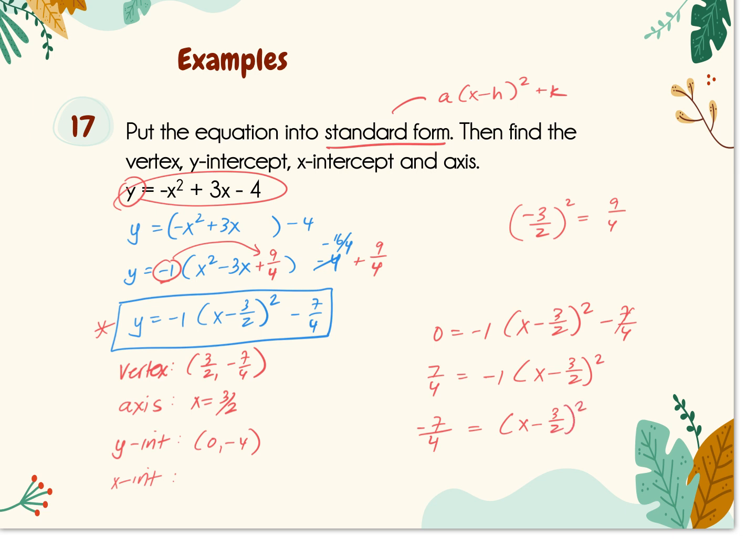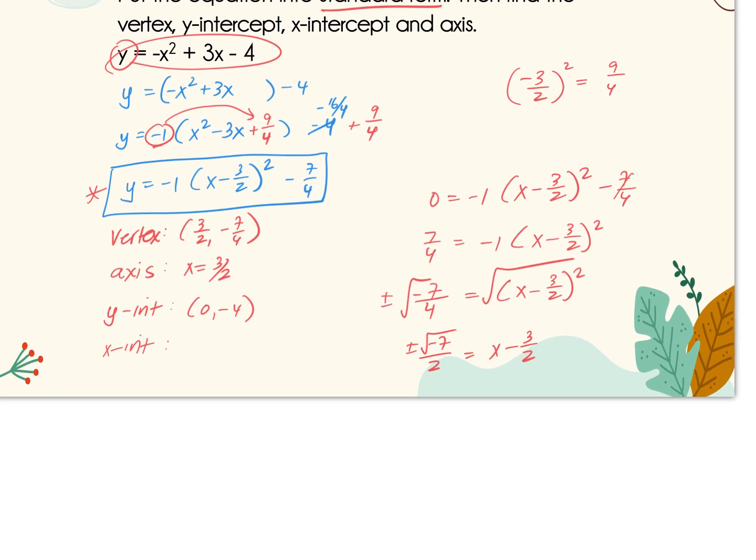And then I'm going to take the positive and negative square root here. Over here, I'm going to get plus or minus the square root of -7 over 2. And over here, I'm going to get x minus 3/2. I'm going to add 3/2 to both sides. So I'm going to get 3 over 2 plus or minus the square root of -7 over 2.